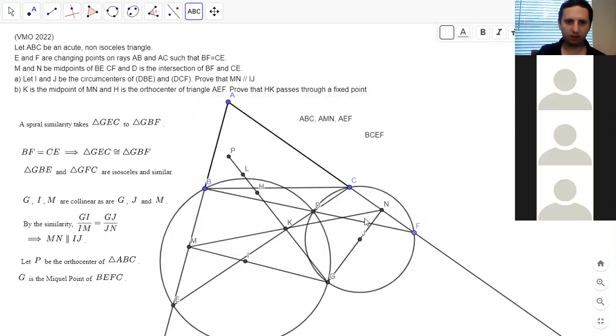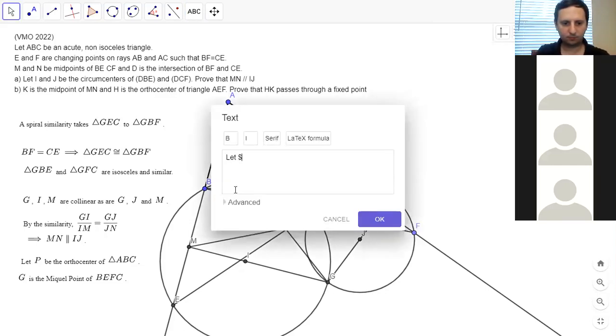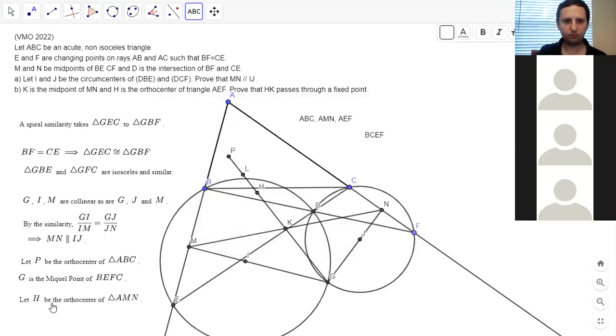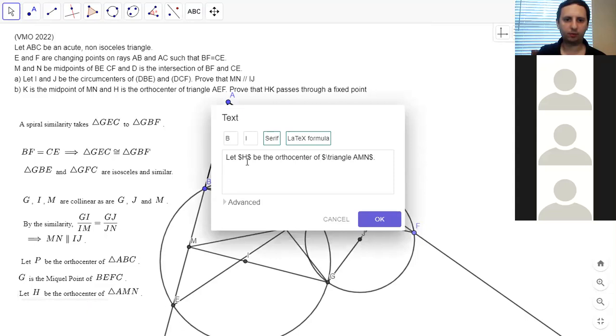And let H be the orthocenter of AMN. So, oh no, H is the orthocenter of AEF. No, L, but L will be the orthocenter of AMN.